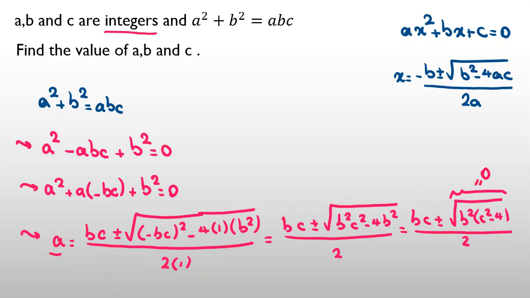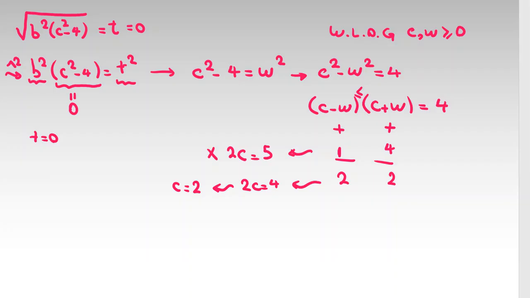Let me tell you something. I said I consider, without loss of generality, c and w greater than or equal to 0. But we found c equal to 2, so we also should check c equal to negative 2.